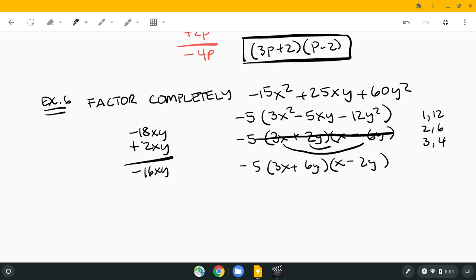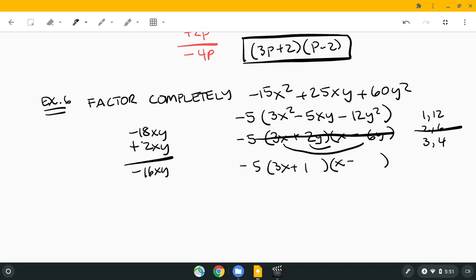If I put a 6y here, then this binomial has 3 in common. If the binomial has 3 in common, then the original problem should have 3 in common, which it does not. So I know this is not a possibility. I don't need to check that. So 2 and 6, no matter which positions they're in, will not work.